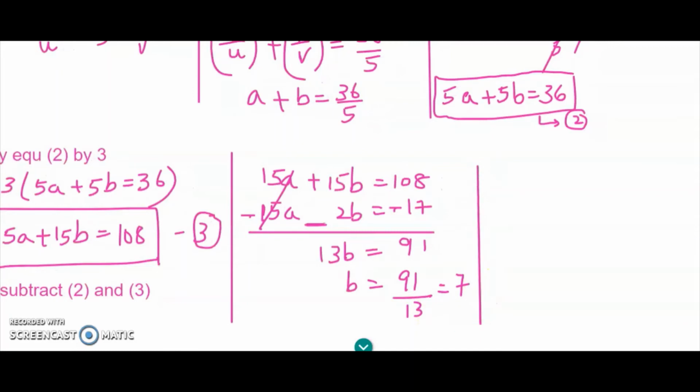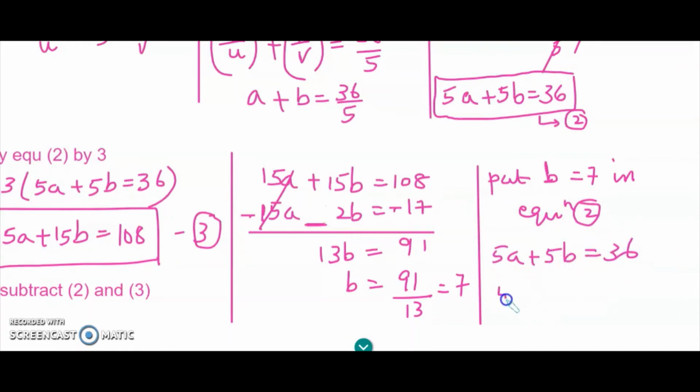Next, we are going to find a. So we'll put b equals 7 in, let's say, equation 2. So 5a plus 5b equals 36. So 5a plus 5 times 7 equals 36.